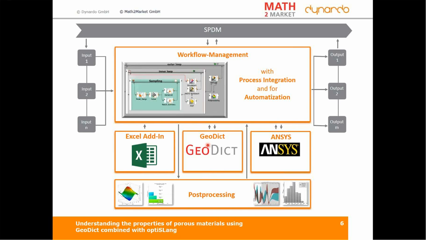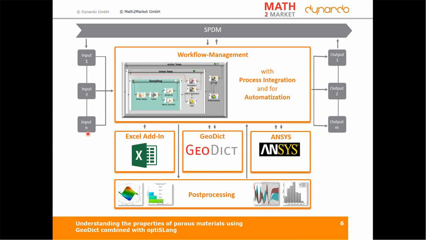And what is optiSLang doing with these GeoDict simulations? We have input parameters, and we change them, varying them to change the simulation, to find a set of output parameters, to find a surrogate model between them.